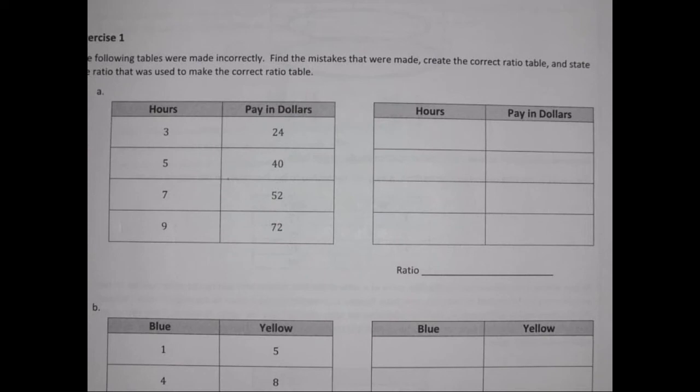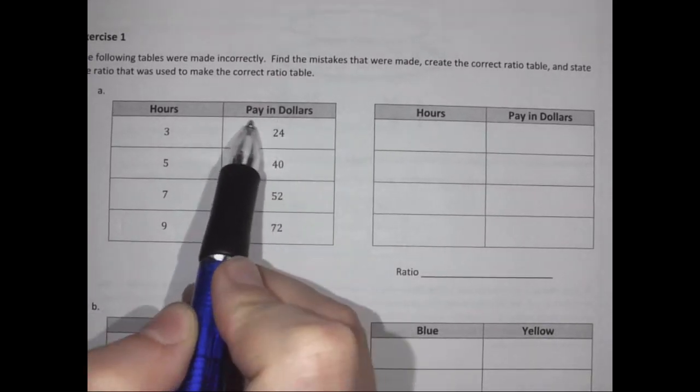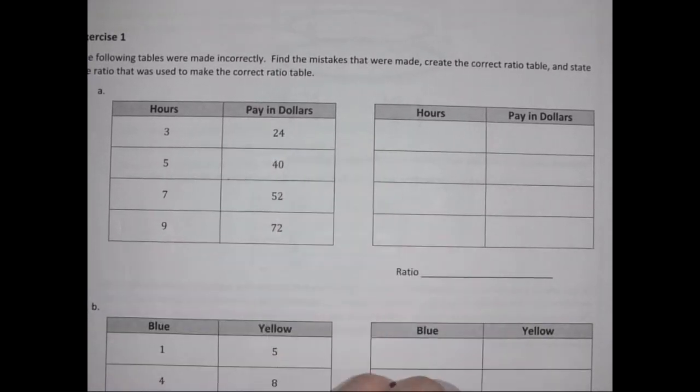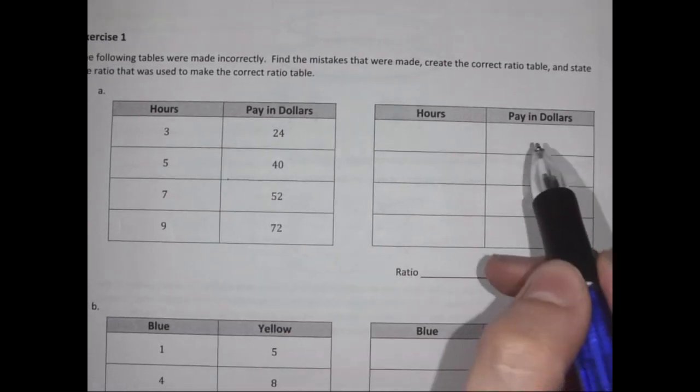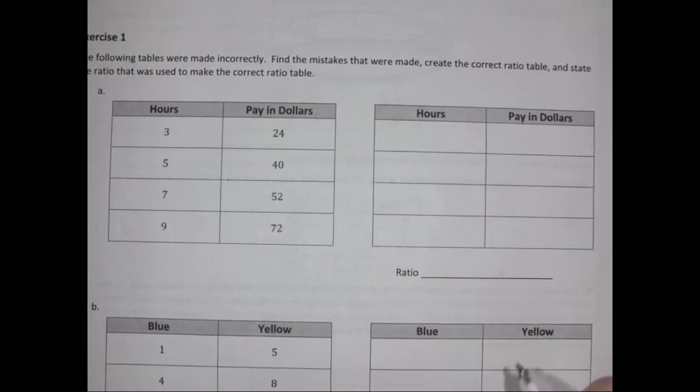So you're going to look at the relationship between hours and pay and find out where the mistake or mistakes are. Correct them and then rewrite the table correctly over here and the ratio for the table. Okay, I'm going to give you 3 minutes to work in pairs. So work with your partner at a level 1 and go.